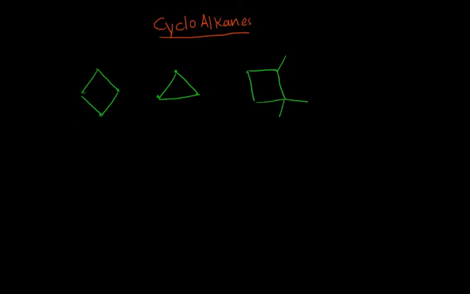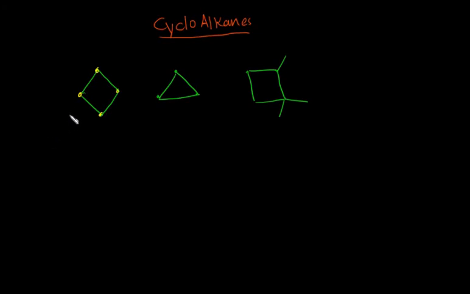So how do we name these cycloalkanes? Let's start with the first one. For this first one, what we need to know now is how many carbons do we have here? It is 4. So what is the prefix of number 4? It will be but. Alright?